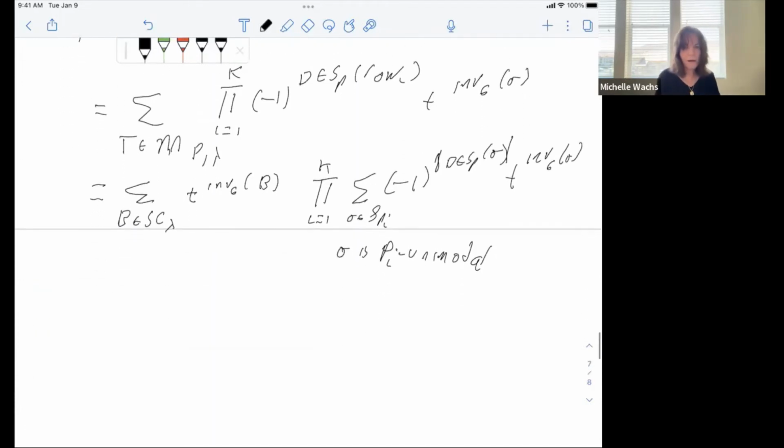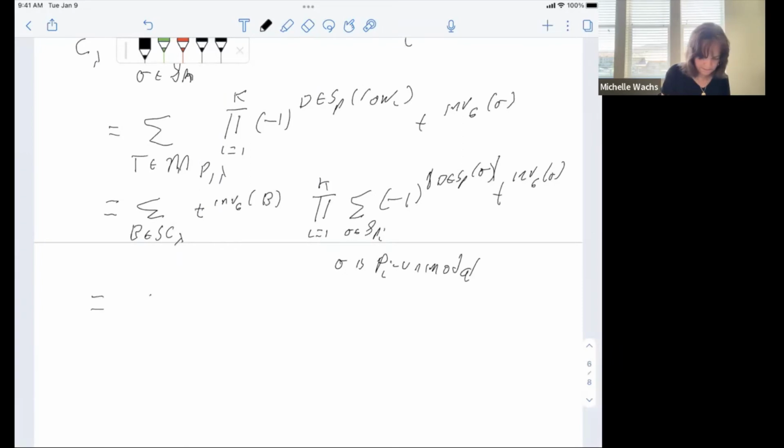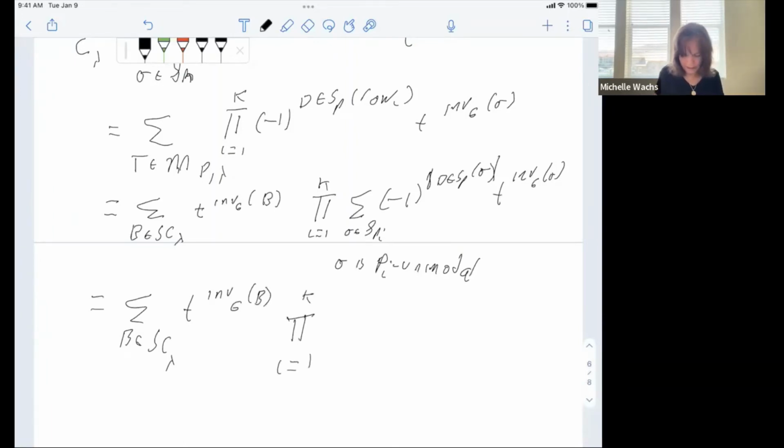Okay, so that turns into that, which is t to the inv by Reuschmann's lemma applied to pi.